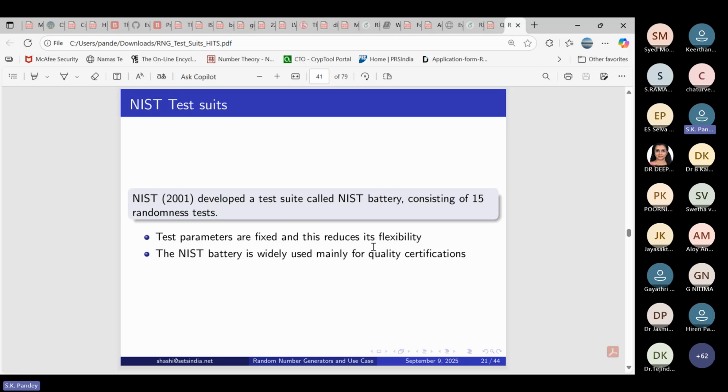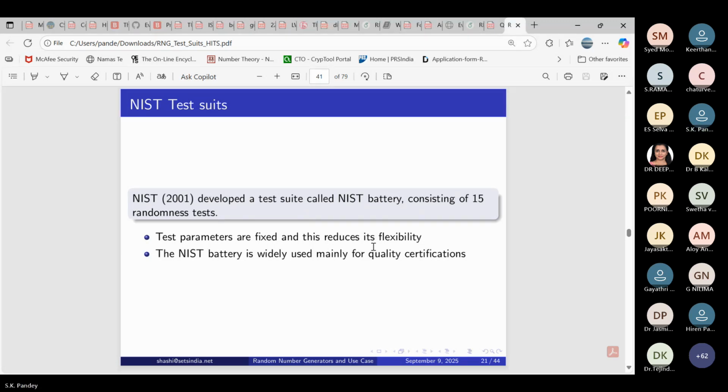Now the question is how the NIST battery test is performing. I already told you that it has 15 to 16, or you can say 15 to 20, sets of statistical patterns they are looking for inside the sequence.